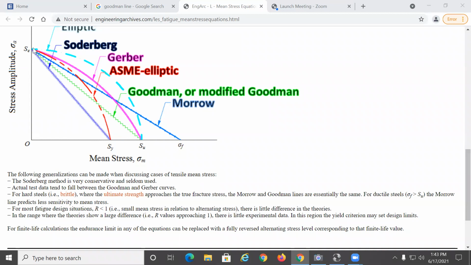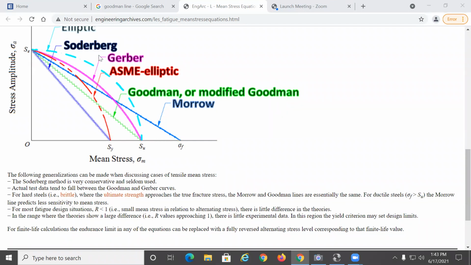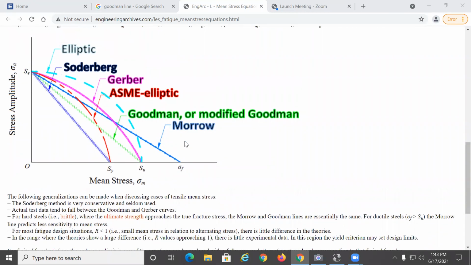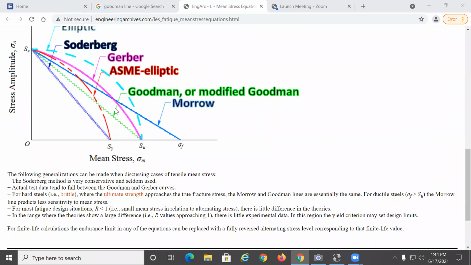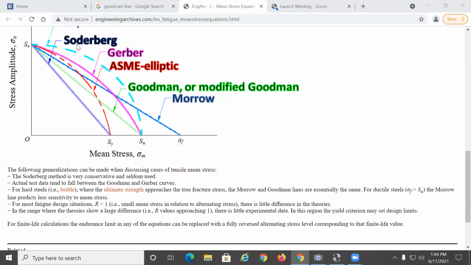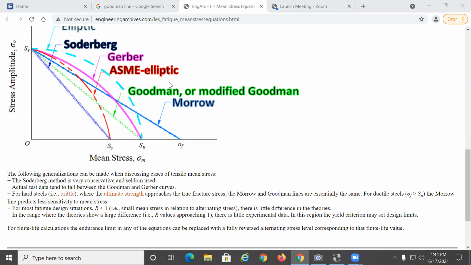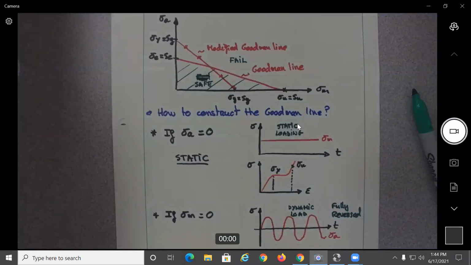If you go from the SE to this one, but using an elliptic curve, it is the ASME elliptic curve. If you go from the ultimate to the fracture case, which is actually when it breaks even past the ultimate, it is called the Mora one. But basically, you see the idea. If you are on the lower side, you are safe. If you're outside, the structure will fail. So we're not going to go through every single case. We're just going to do the one for the Goodman line.